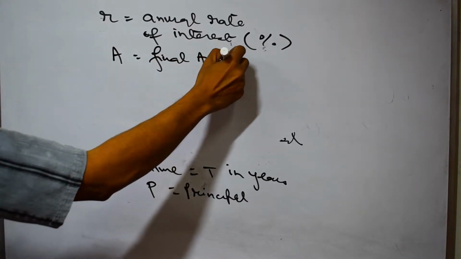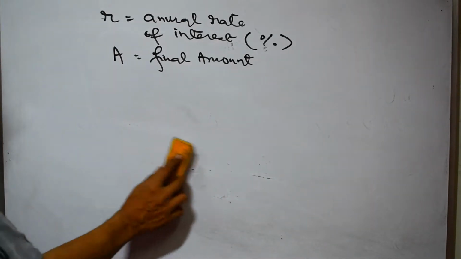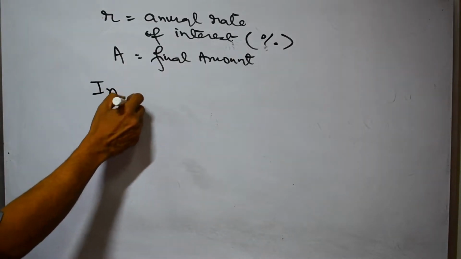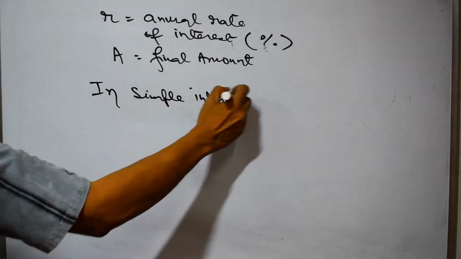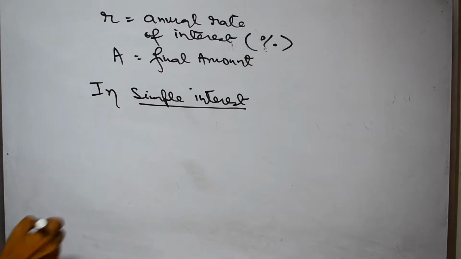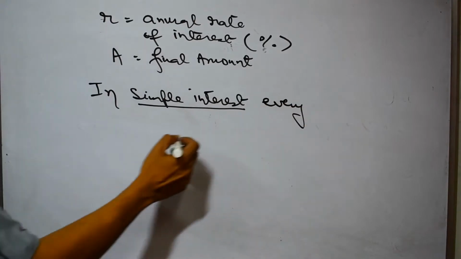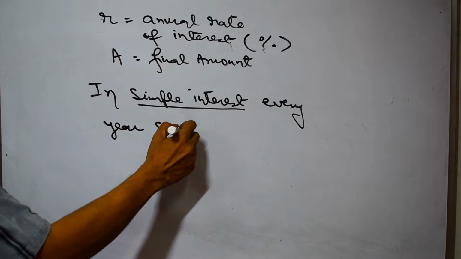Now this concept, simple interest and compound interest, is also considered a very important part of the time value of money, because it is related to time. In the first case, simple interest, every year the same interest is added.